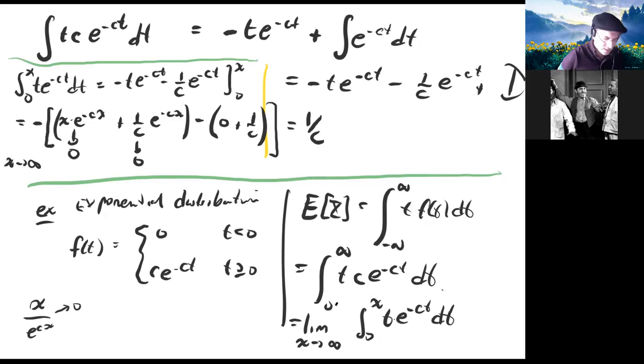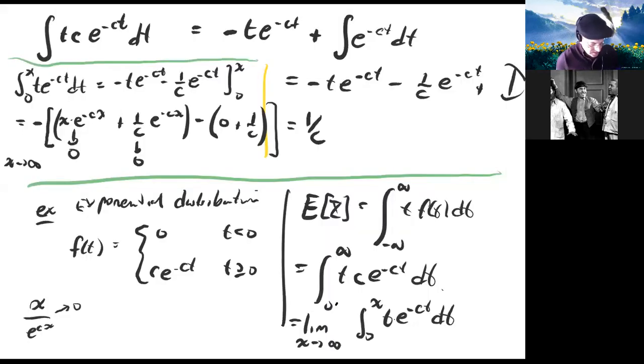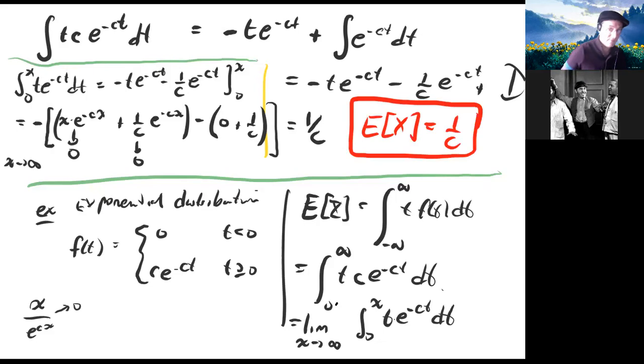I believe that's right. So in summary, the expected value of the exponential random variable is 1 over c, if I haven't made any arithmetic mistakes.